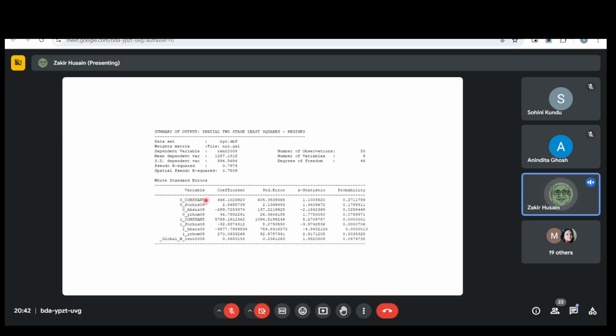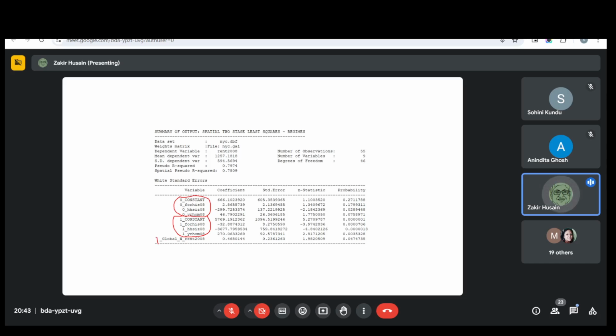We have the constant term and the 3 explanatory variables. So this comprises regime 0. So we have taken the Manhattan region. This is the results for regime 1, Manhattan.